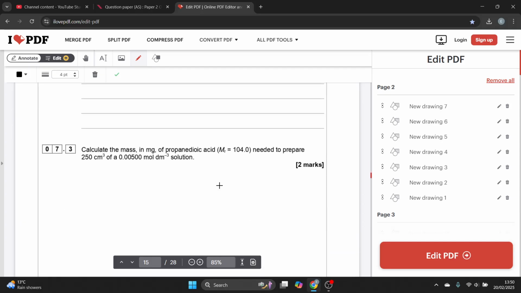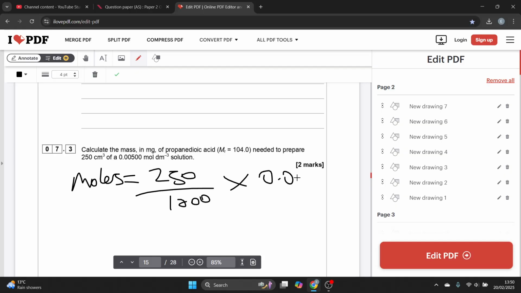Calculate the mass in milligrams of propane dioic acid needed to prepare this solution. So the first thing I need to do is find the moles: the volume divided by 1000, times the concentration.